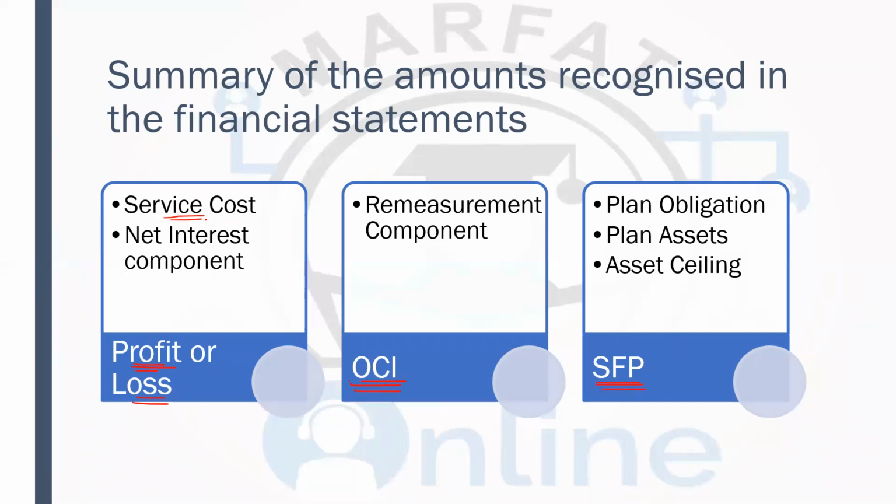Now, service cost has many components: current service cost, past service cost. We'll be discussing that in a while. And the net interest component. And then in the other comprehensive income, there's a remeasurement component, which is actually due to the changes in assumptions. And in the statement of financial position, it is going to be either a plan obligation or the plan asset, not both of them. And there is going to be an asset ceiling concept applied, which we'll be studying later, but this asset ceiling applies on the plan asset.